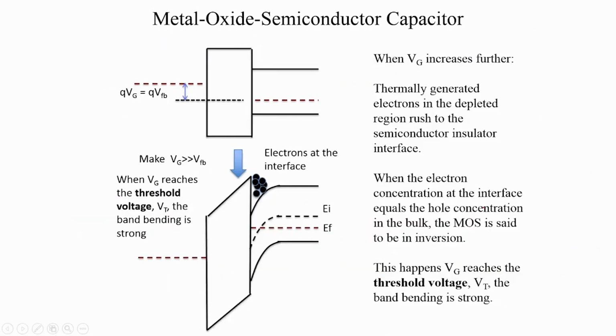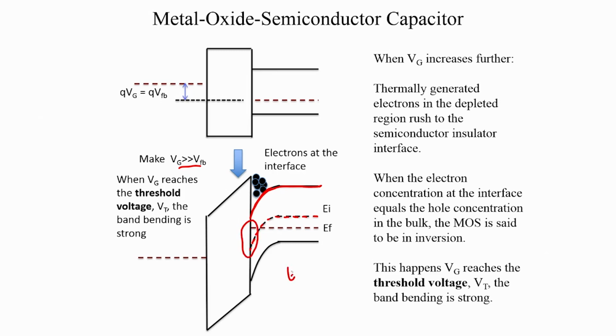But then, as I mentioned, if you make Vg much greater than VFP, when I say much, it simply means that we have managed to make the band bendings so large or so severe that if I were to imagine what the intrinsic Fermi level would be doing, it would have gone past the Fermi level of the semiconductor.